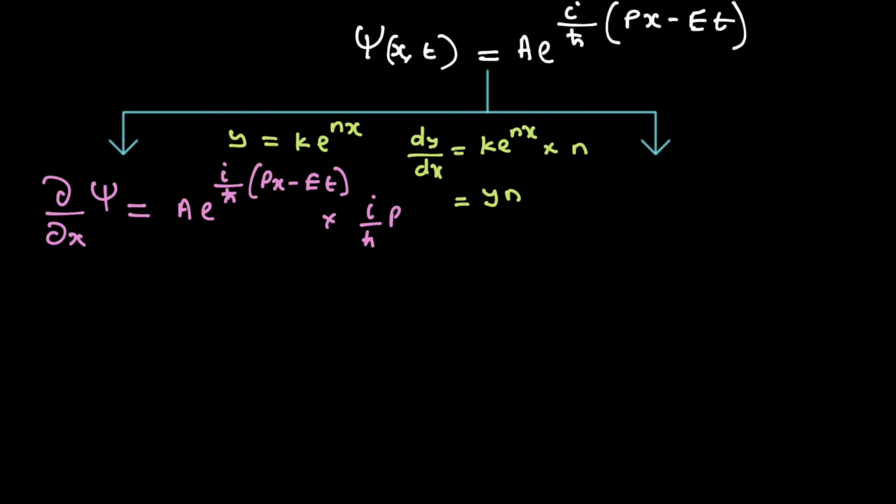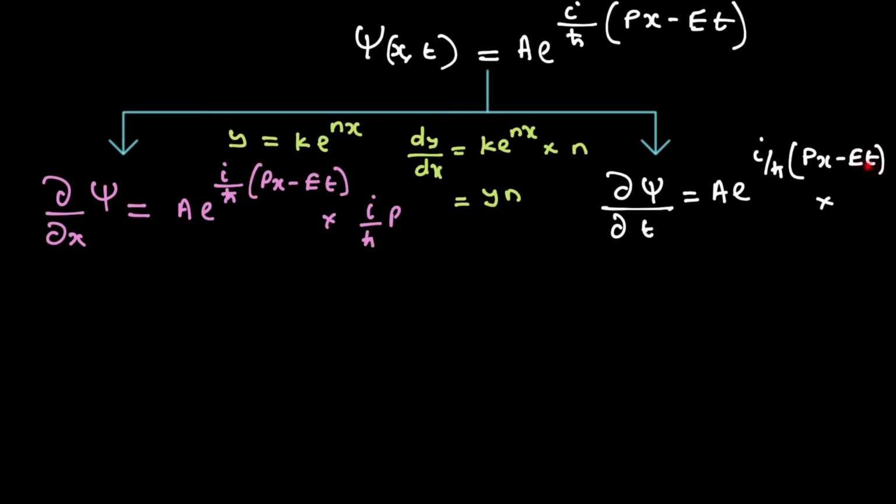At the same time, if we differentiate with respect to t, that would be the partial derivative of the wave function over t, and you again get the same function back, e to the power of i over h bar, open bracket px minus Et, times the derivative of Et with respect to t.